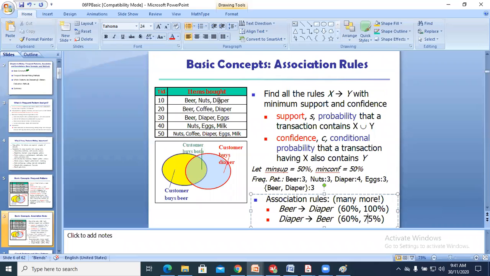We count how many transactions have the diapers: 1, 2, 3, and 4. In 4 transactions we have the diapers, and among these, only 3 times the person purchased the beer. So it will be the probability 3 out of 4 into 100, which is 75%.